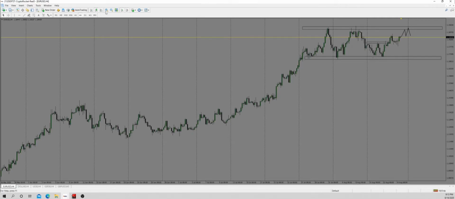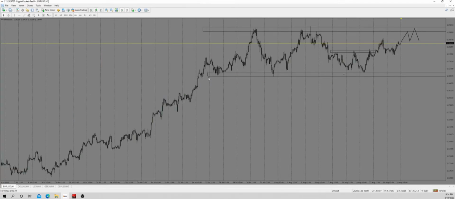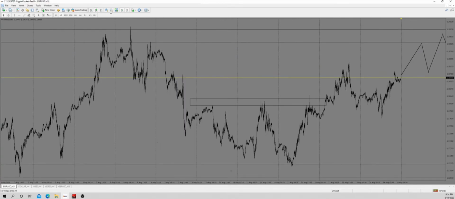Now, I say we use it on the H4 and the H1 because this gives you a clear idea. This is the H1. This gives you a clear idea of where price wants to go as a whole. On the lower time frames, if you go to the 5 minute, you're going to have a lot of stuff.